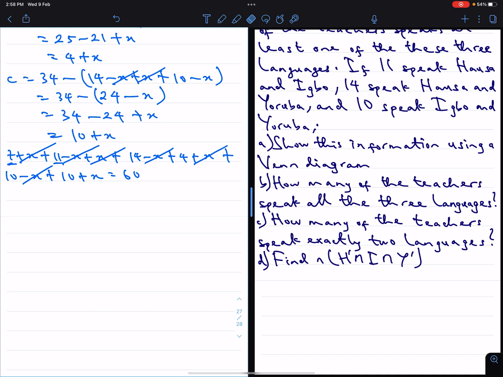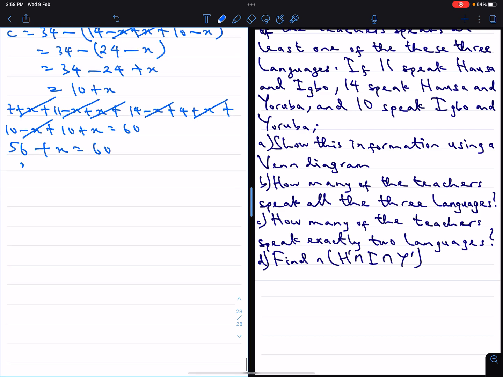That's correct. So that's 56 plus x equals 60, and that simply means x equals 60 minus 56, which means x equals 4. So x is simply 4.